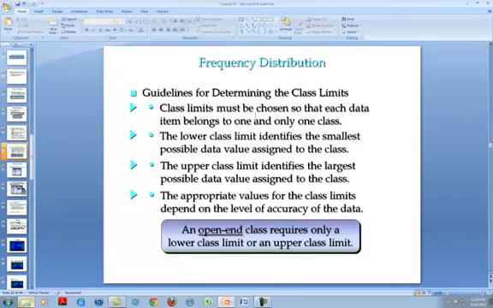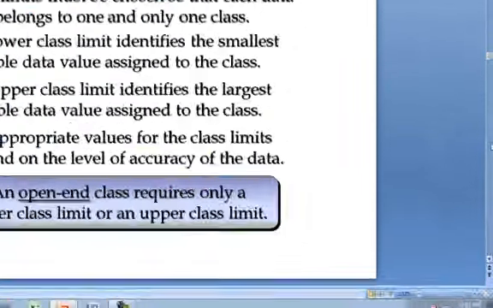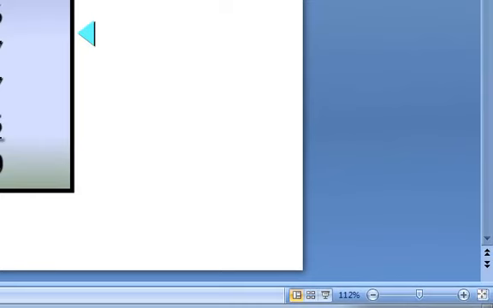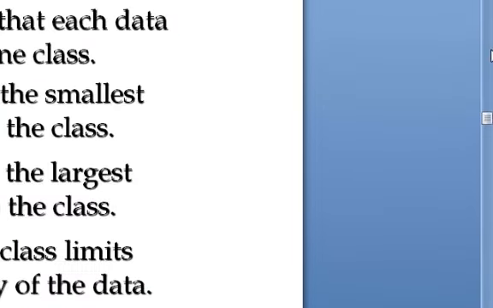Each data item should belong to one and only one class, and that's why you shouldn't have overlapping numbers. You cannot have 50 to 59 and then 58 to 69 or something like that, because the number 59 would now appear in both the first class and the second class. Each data point should appear in only one class.